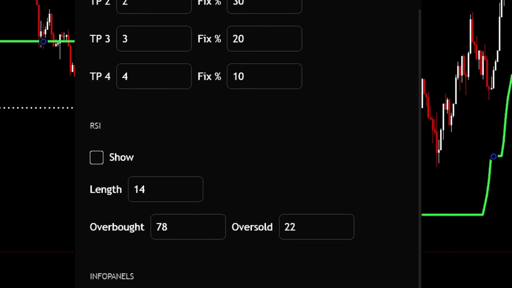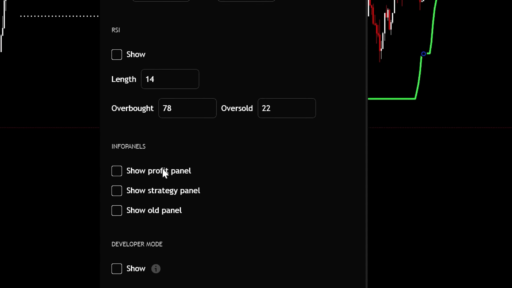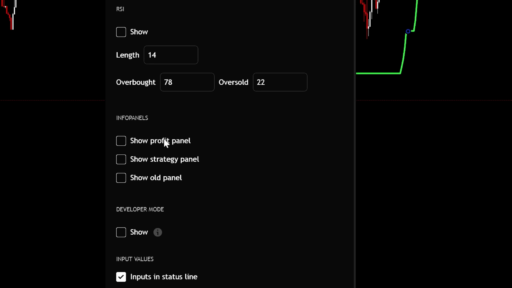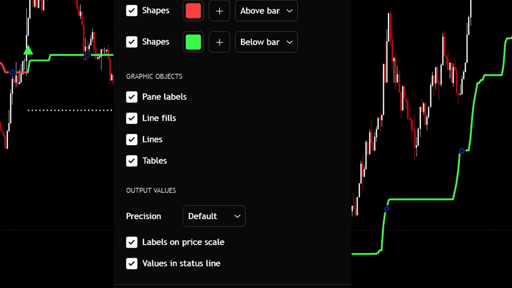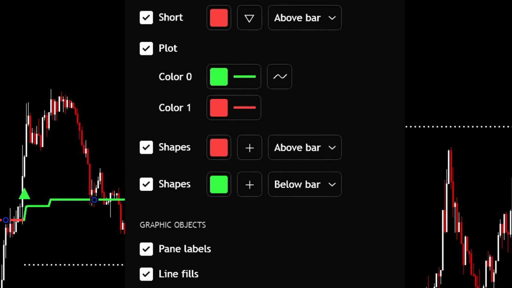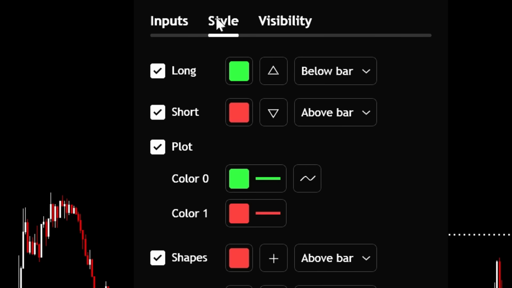And then scroll down to turn off the panel. Finally, in the Style tab, disable both long and short visual options. This keeps your chart clean and allows the indicator to quickly do its work in the background without cluttering your view.